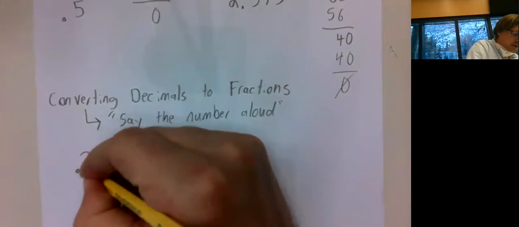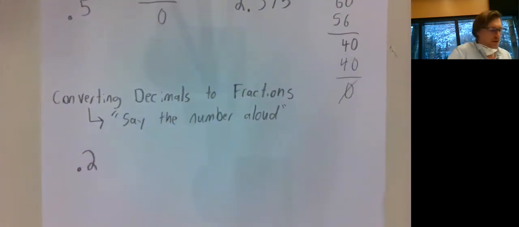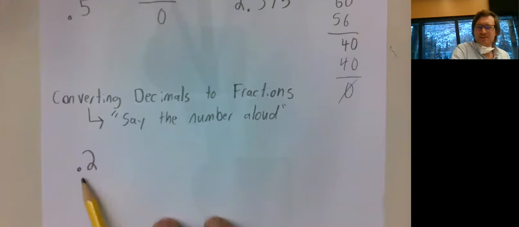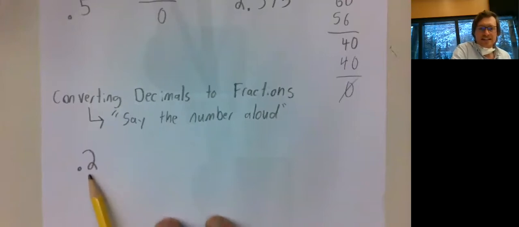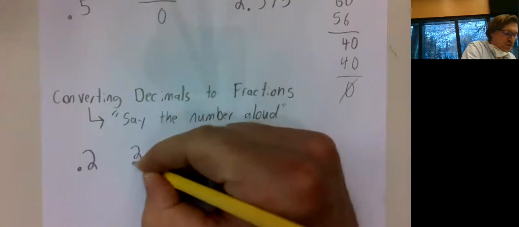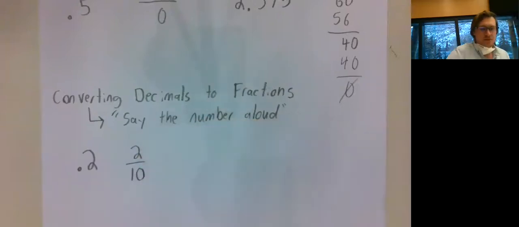Let's start with this one right here, 0.2. But the 0.2, that doesn't really give me a fraction. So instead, we always want to say it with the place value. So the 2 is in the tenths place. So saying this number aloud is 2 tenths. And there's my fraction right there, 2 tenths. And there's a fraction, 2 over 10. But as we learned today, we can reduce this down.